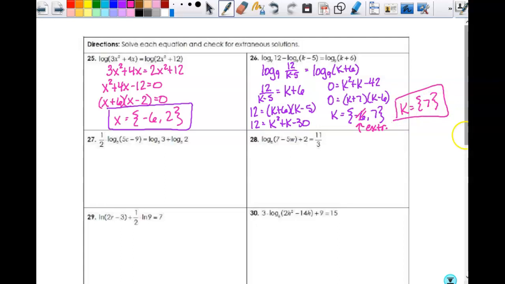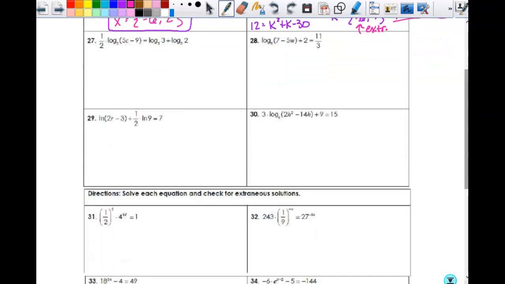All right, 27. I'm going to need to condense first, so I could make this, let's see, log base 5 of 5c minus 9 to the 1/2 power equals log base 5 of 6.